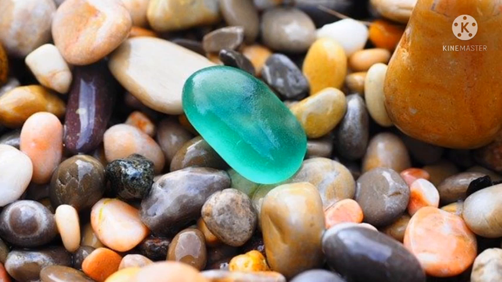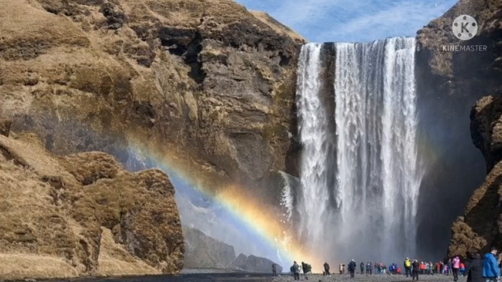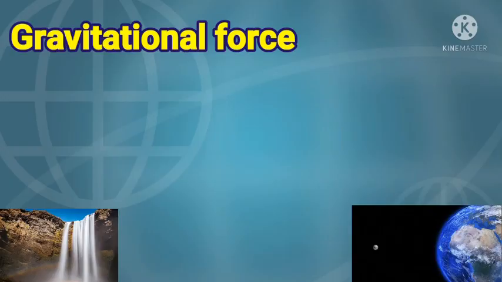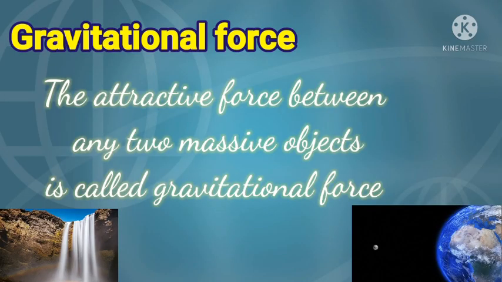Why does a stone thrown up into the sky fall back to the earth? Why do rivers flow down to the sea? How does the earth hold the atmosphere? Is there any force pulling objects towards the earth? Yes, the attractive force between any two massive objects is called gravitational force.